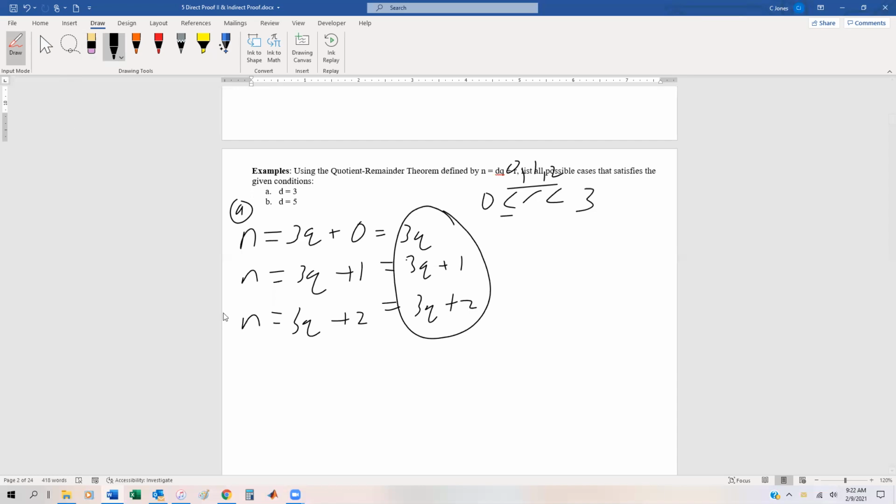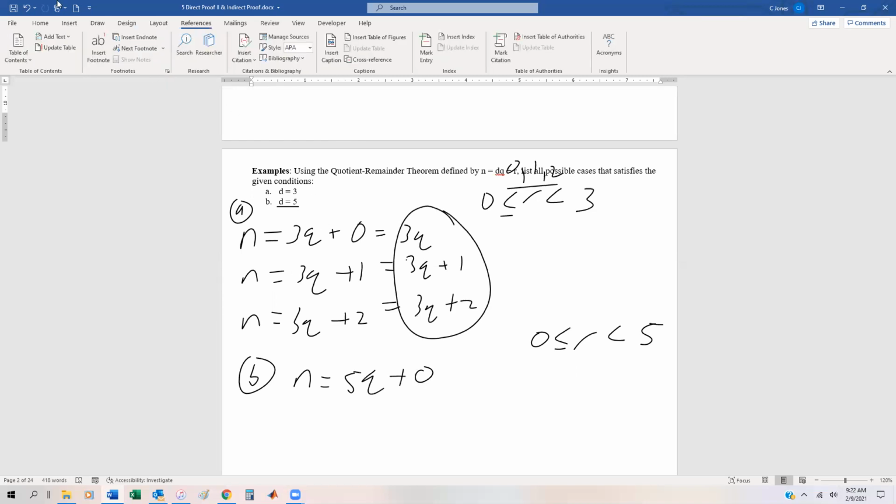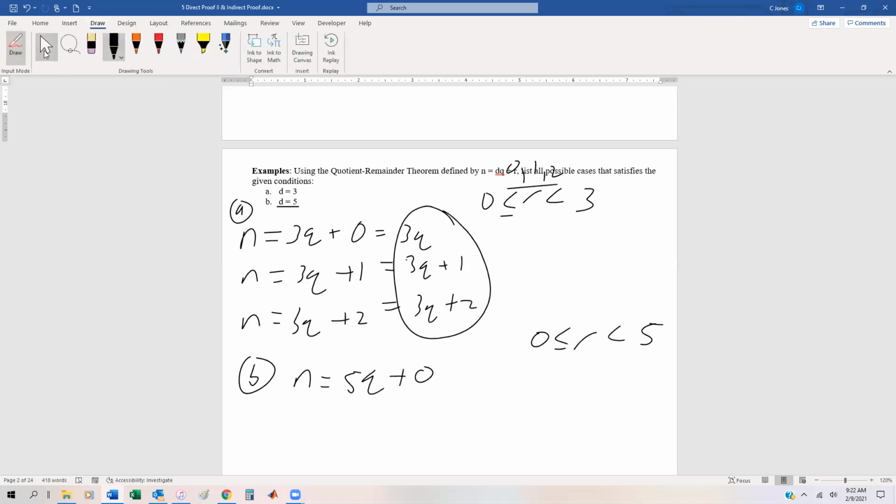And then the same thing could occur for d equals 5. So we're going to have n equals 5q plus r, and r is going to be between 0 and 5 and exclusive of 5. So this is going to be 5q plus 0, or just 5q.